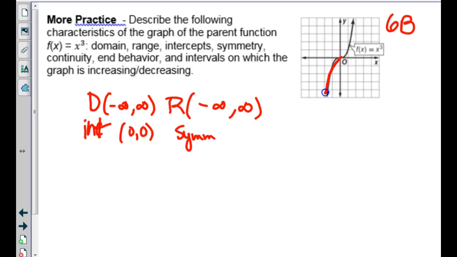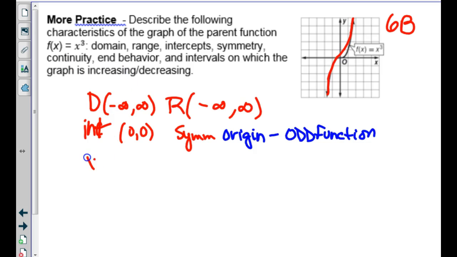If I do this, and I rotate it 180 degrees around the origin, is it the same? Yes. So what is that called? It's origin symmetry or an odd function. Where was I on the list? Continuity? It's all continuous, right? No breaks or jumps.